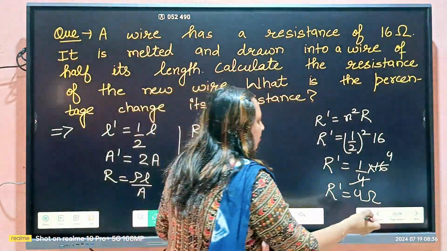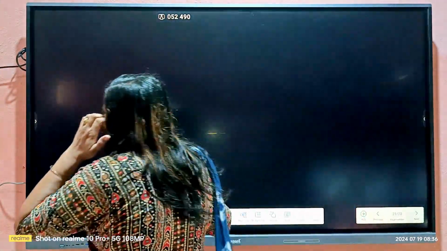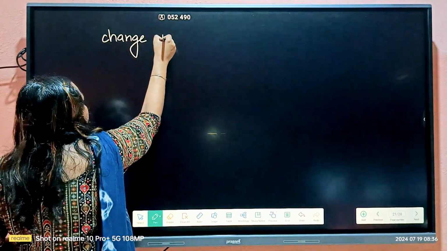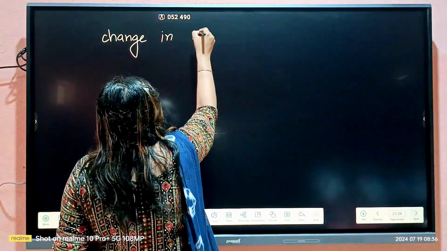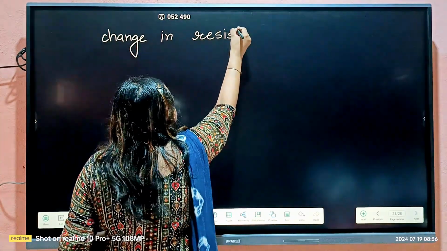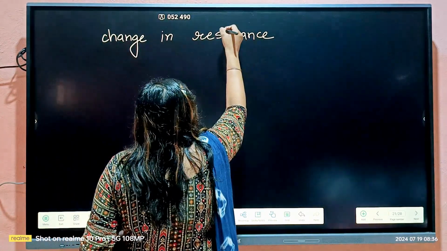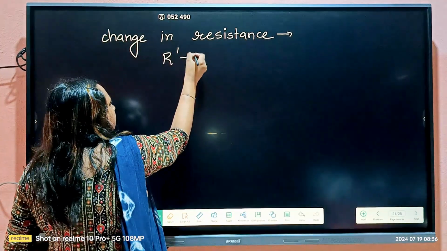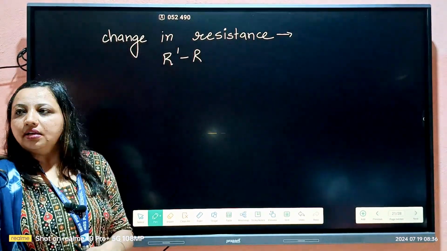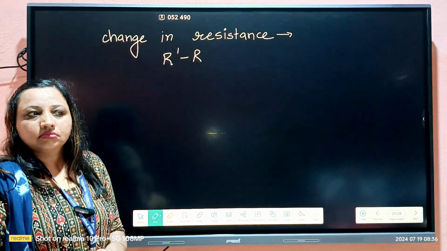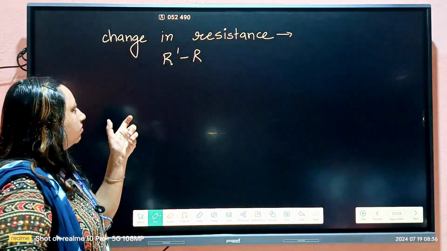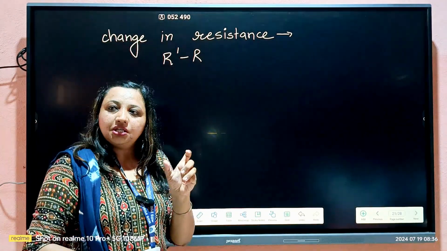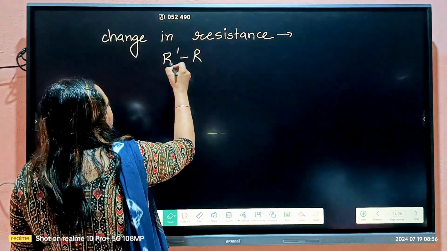Then what is the percentage change? How can we find the change? Change in resistance is final minus initial. But firstly, the greater one is the initial, so firstly we write the initial one.